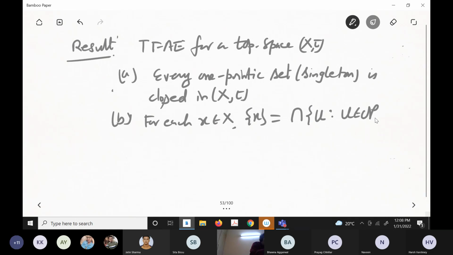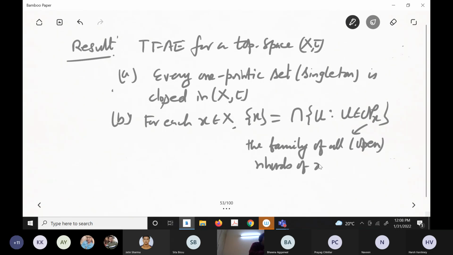Here I take all the open neighborhoods of x, this is the family. I have taken neighborhoods to be open. So these two are equivalent. Usually I have taken this as the definition of T1.